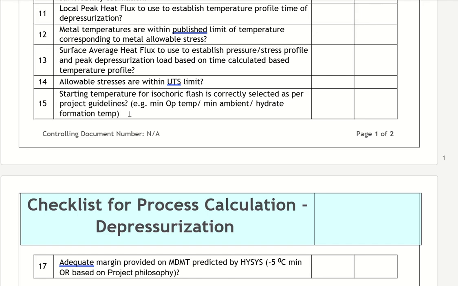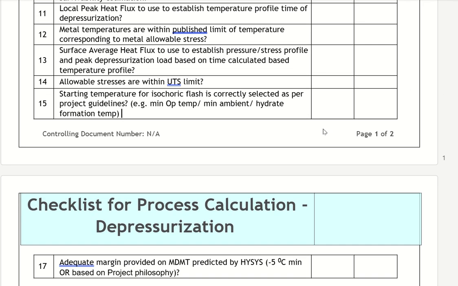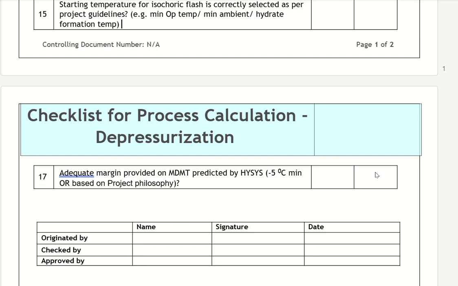Accordingly, we calculate this starting pressure and then the minimum temperature achieved to calculate this isochoric temperature. So the final depressurization temperature goes down and it helps to understand whether MDMT is honored or dishonored.